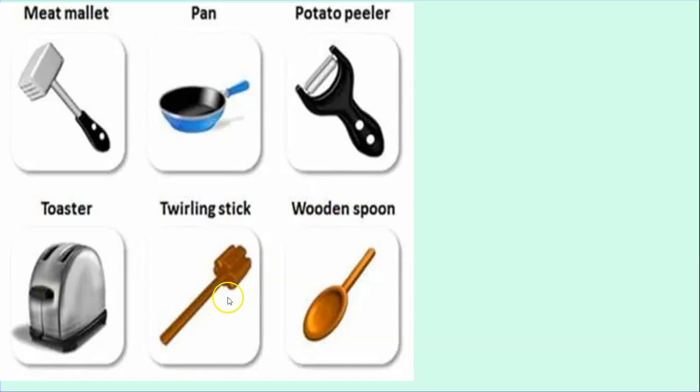And this twirling stick also looks like it's made out of wood. So you can learn another word here if you don't know it already. Wood is the material you get from a tree. There are lots of wooden things, and you use wood for building houses sometimes and other things. But here we're talking about a wooden spoon.